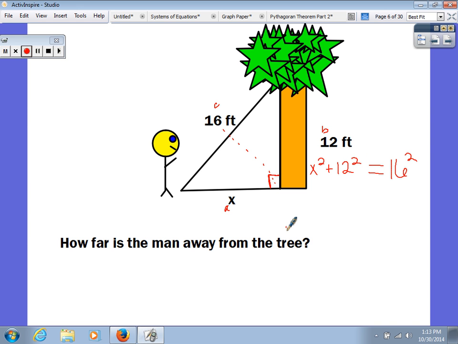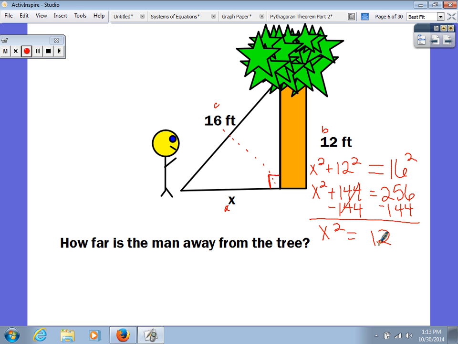Okay, so once again, we're going to square. So 12 squared is 144. 16 squared is 256. Then I'm going to subtract 144 from each side. So x squared equals 112. Then I'm going to take the square root of each side.